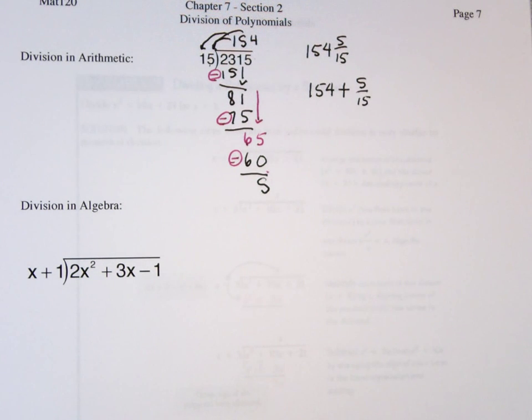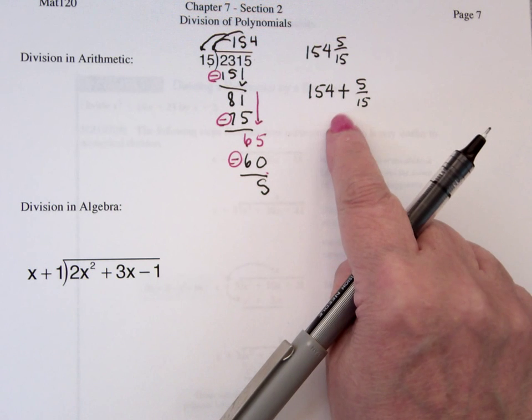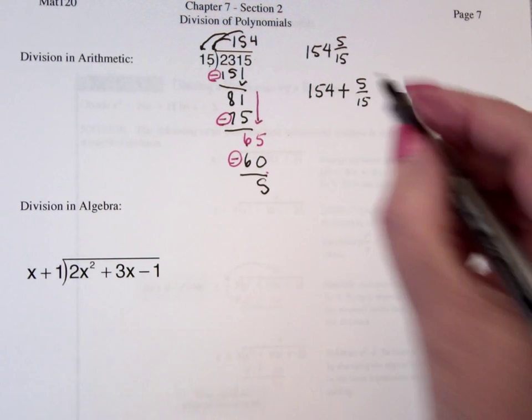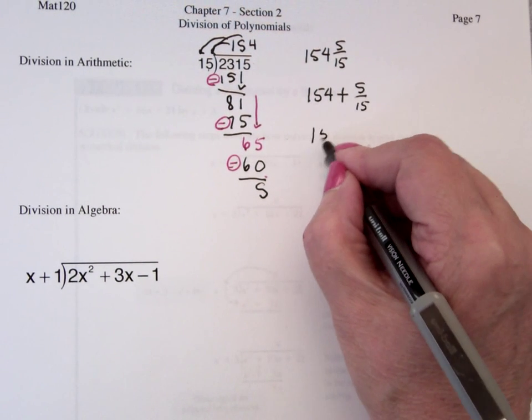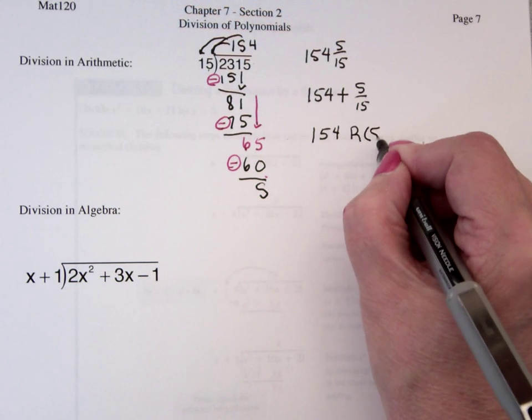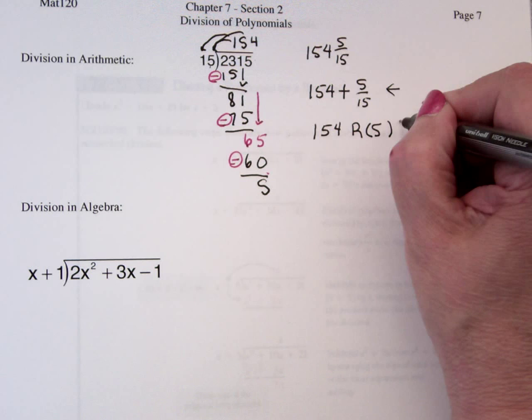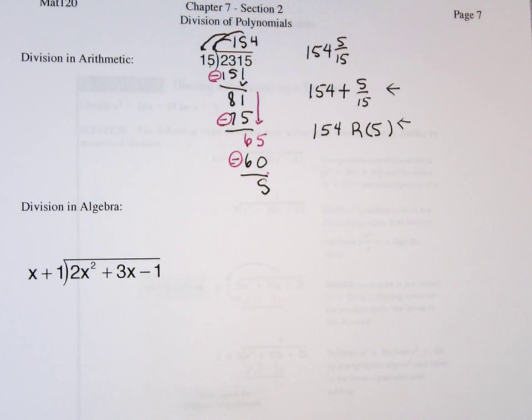That's one of the ways that we would write this using algebra. Or the lazy way of writing it is 154 with a remainder of 5. In algebra, we tend to use these two, depending upon what we're doing.